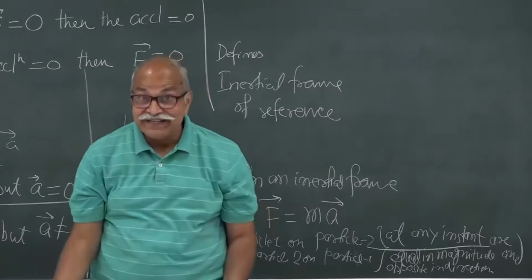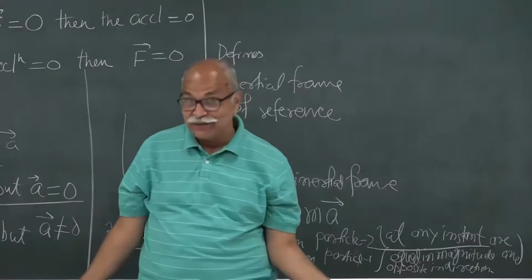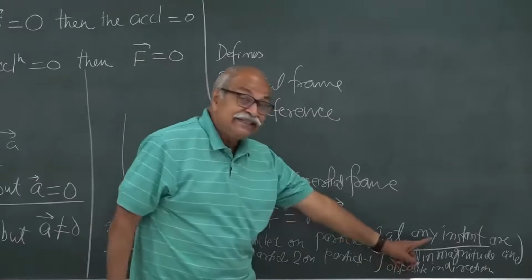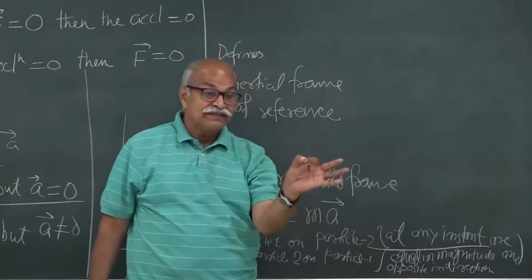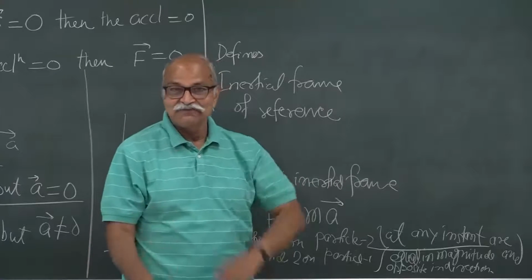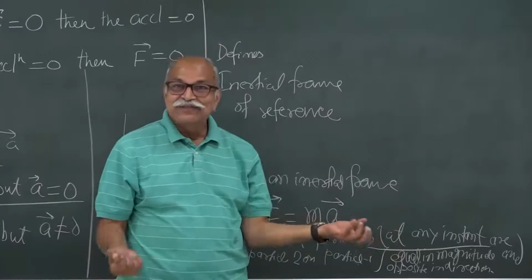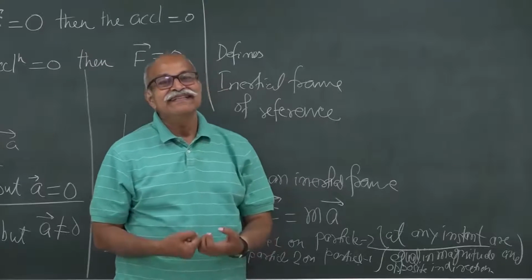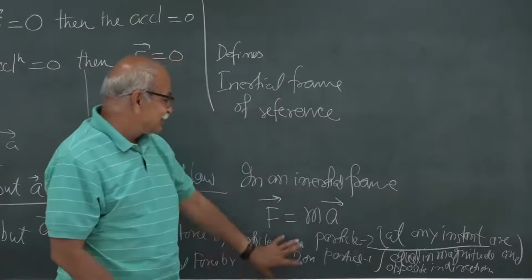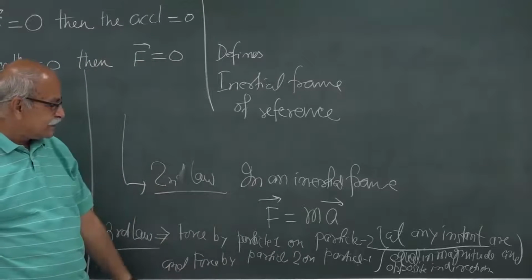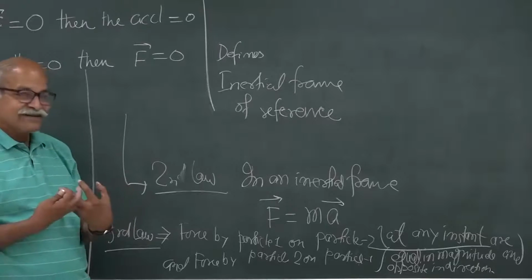So, which one is action and which one is reaction has absolutely no significance, because at one particular instant, this object is exerting force on this and this object is exerting force on that, and the two are equal in magnitude and opposite in direction. So, that is Newton's third law. The motion is not involved as such here, but how the forces are related.